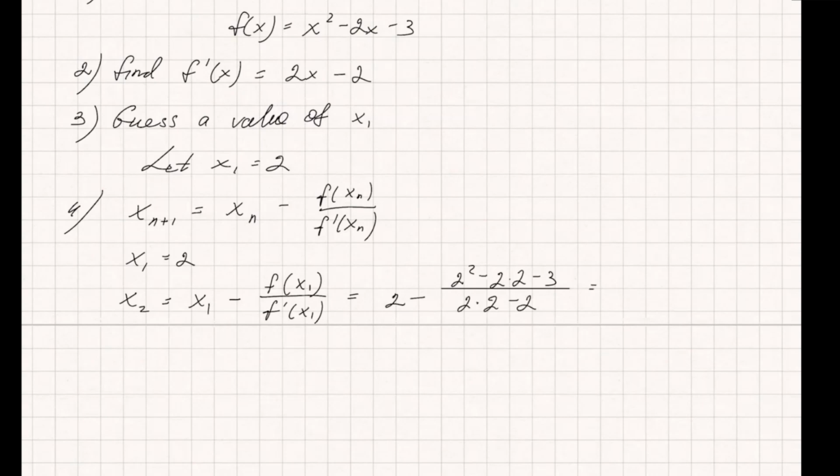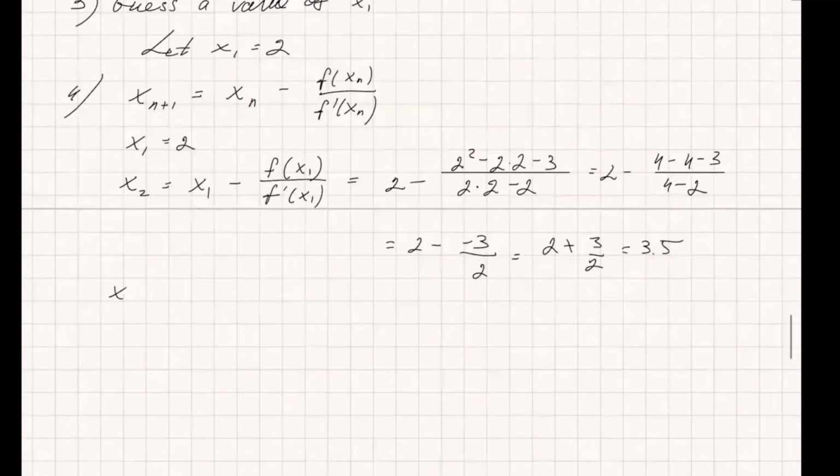What we end up with is 2 - (4 - 4 - 3) over (4 - 2), which is 2 - (-3) over 2, and that would be 2 + 3/2, which is 3.5. All right, so my x2 is 3.5.